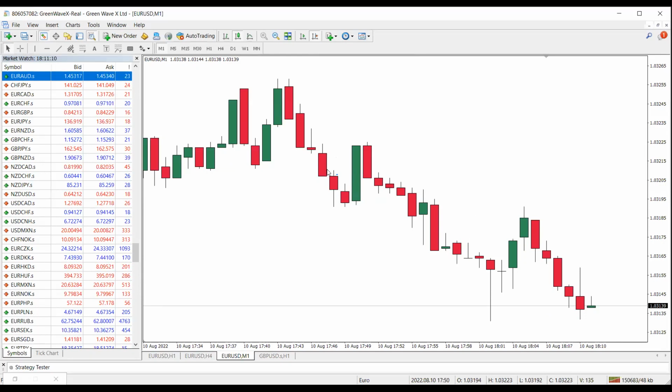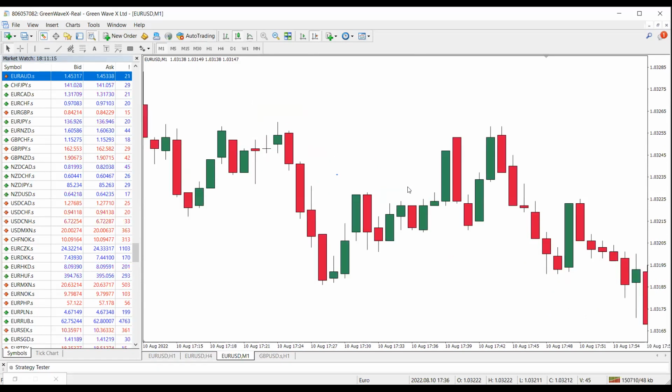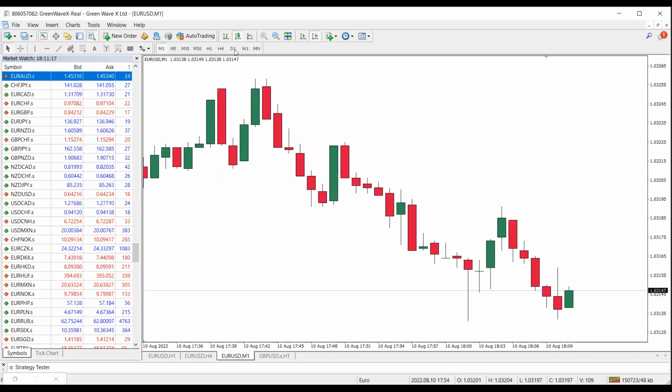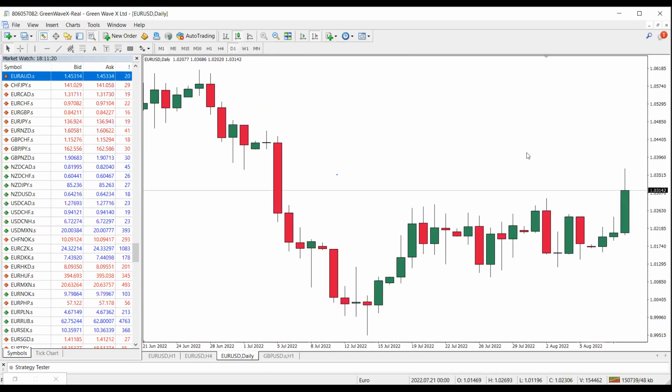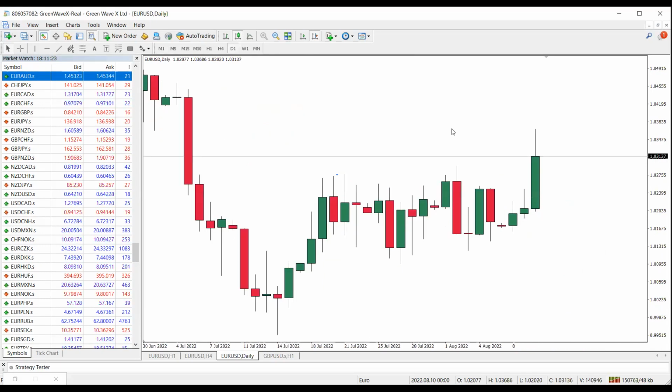Because from time to time, the market is not going to move the same way. Even if it is daily, it's not going to move the same way every day. Today, the Euro-US dollar market has been very volatile. The kind of move it made today is even bigger than when you combine all the moves that we have had in the last 4 days.